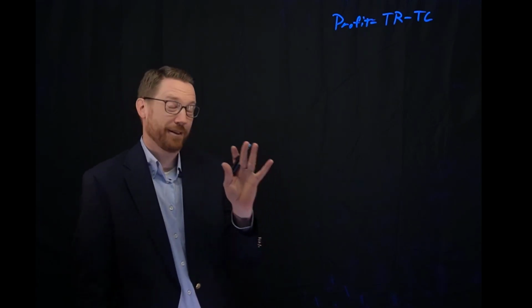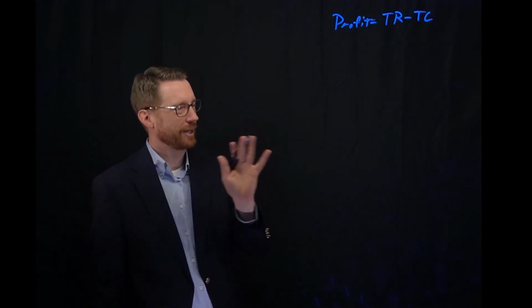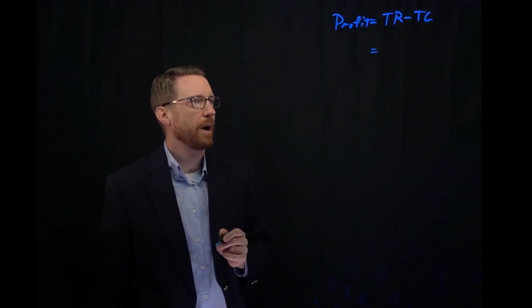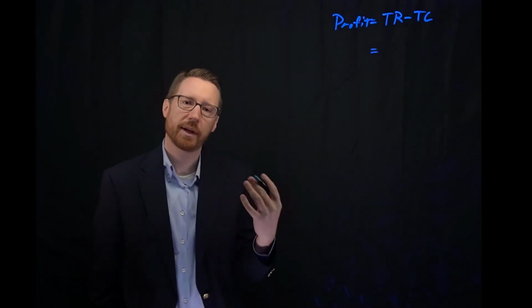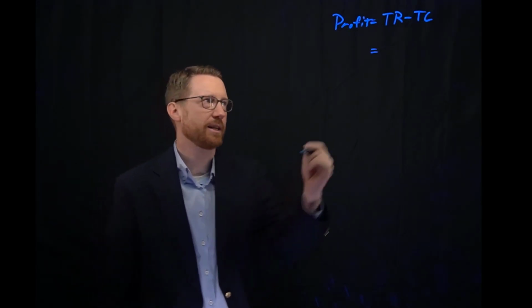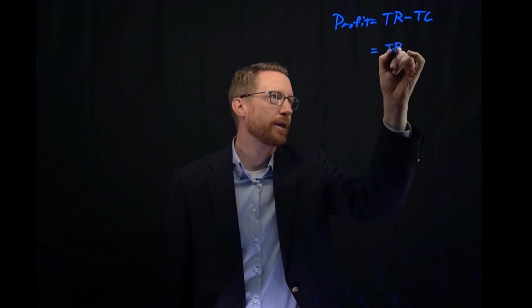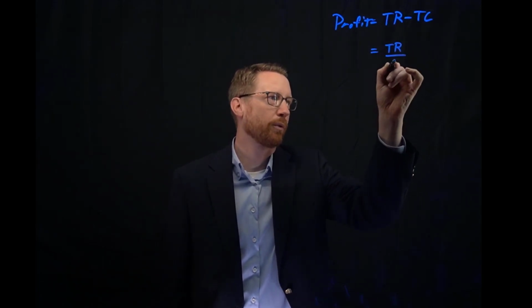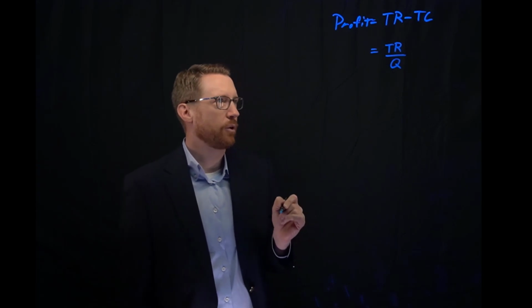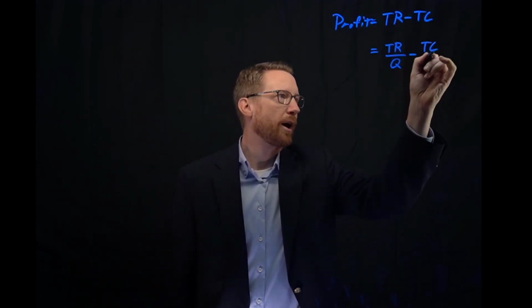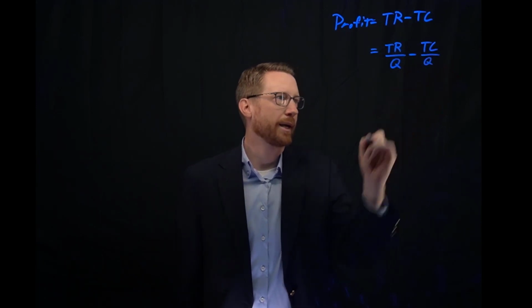Let's have a little bit of fun with math. Don't worry, this isn't too bad. Profit equals total revenue minus total costs, but let's scale this slightly differently. Let's think about average total revenue: total revenue divided by quantity, minus total costs divided by quantity.